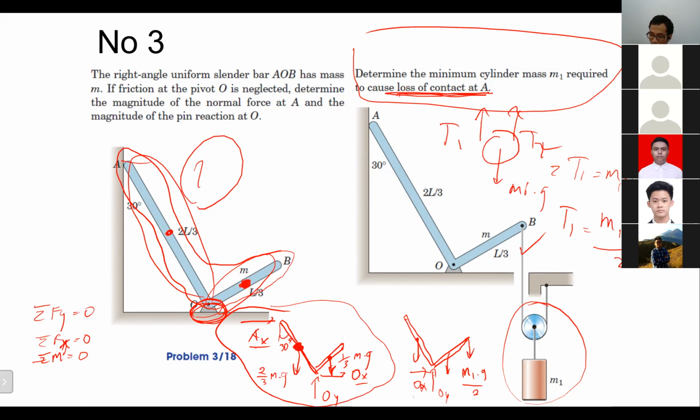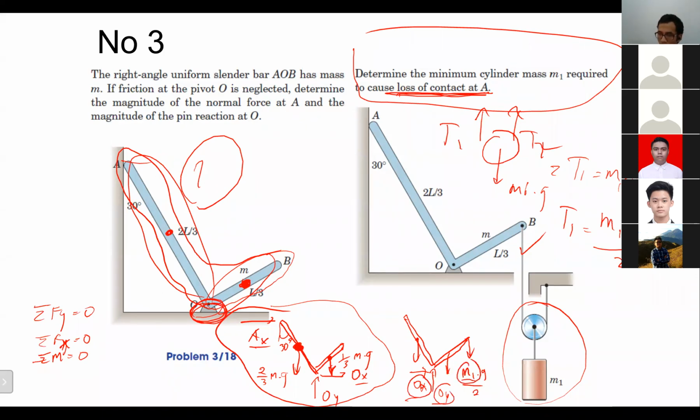And the unknowns there will be OX, OY, and M1. Will you be able to get M1? Hello, Asaf, will you be able to get M1? Now the unknowns are still free, right?